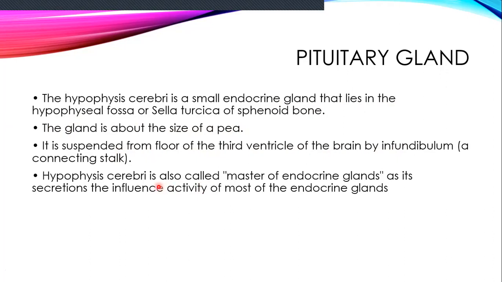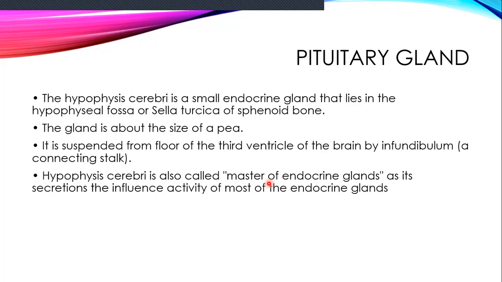The hypophysis cerebri is called the master of endocrine glands, as its secretions influence the activity of most of the endocrine glands in the body. So secretions from the pituitary gland usually influence the hormonal secretion from most of the endocrine glands.